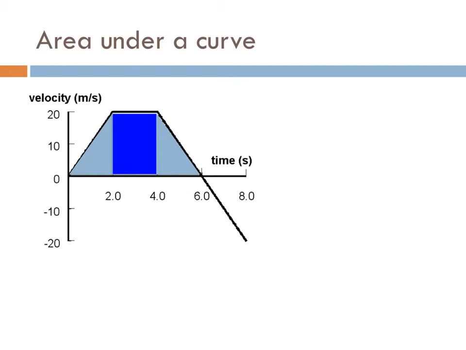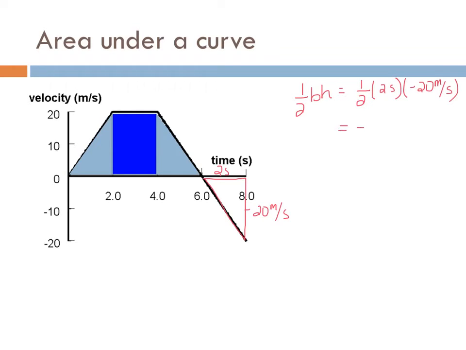And the last situation would be for this non-highlighted triangle. Because it is a triangle, I'm still going to use 1/2 base times height, but I want to show you that our height is below our graph. So our base, which is still 2 seconds, and our height, which is 20 meters per second here, is actually below our graph, so this is a negative 20 meters per second.